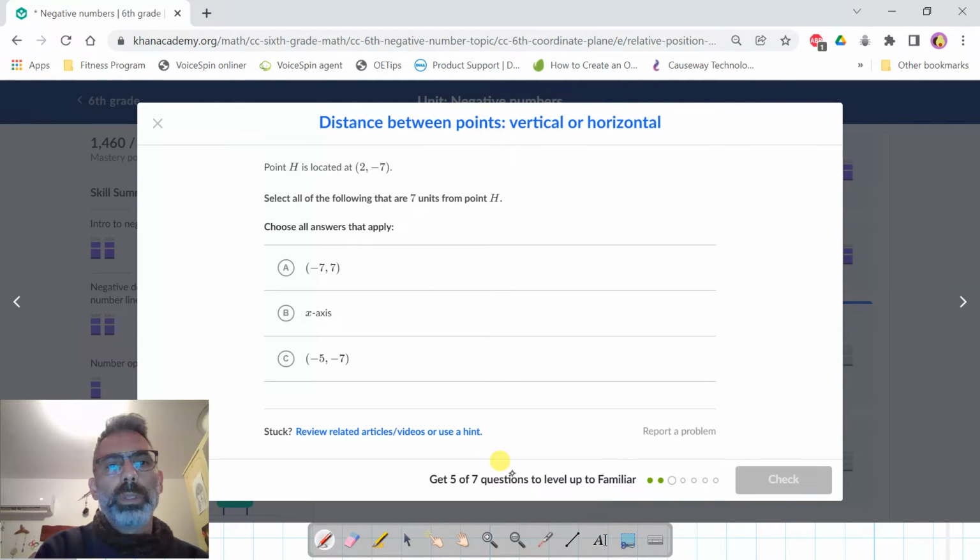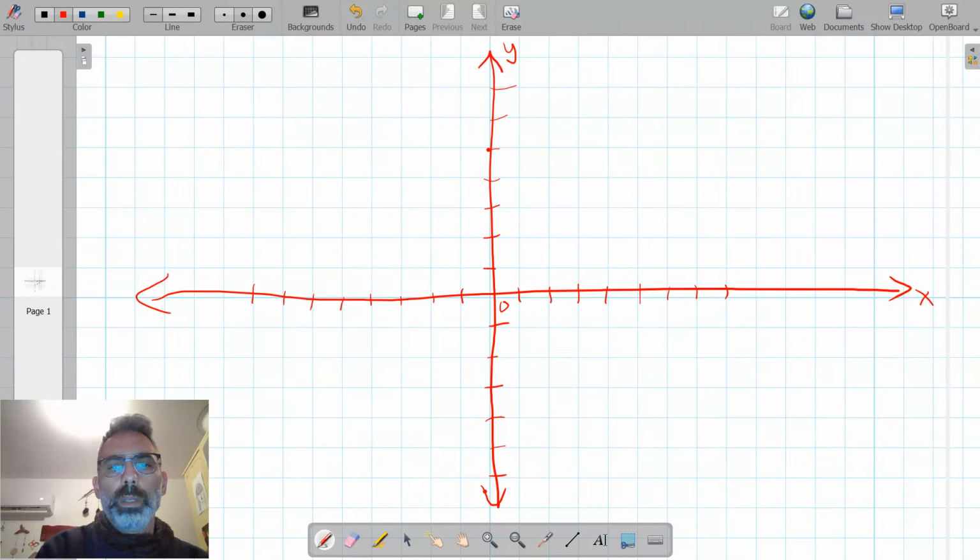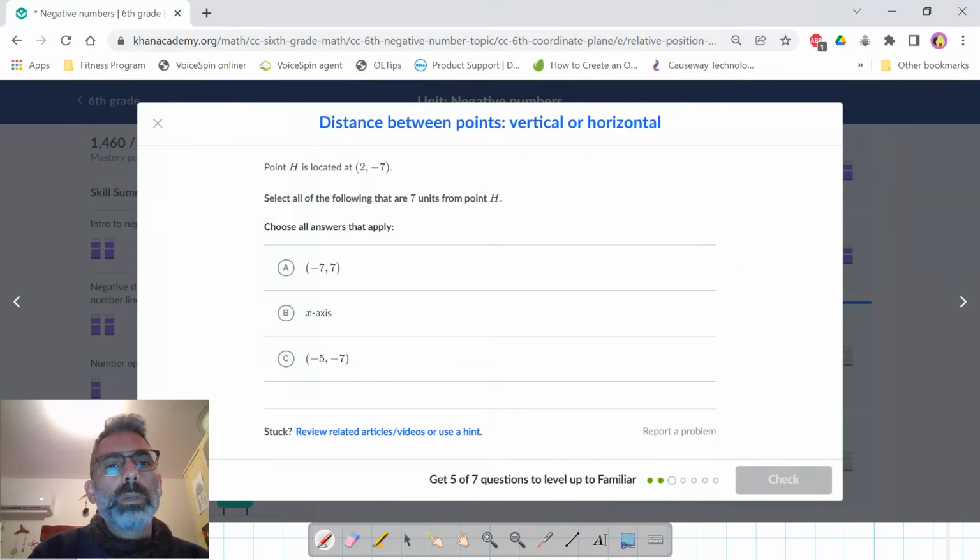So point H is located at 2, negative 7: 2, then 1, 2, 3, 4, 5, 6, 7. So this is point H. Okay, select all the following that are 7 units from point H.